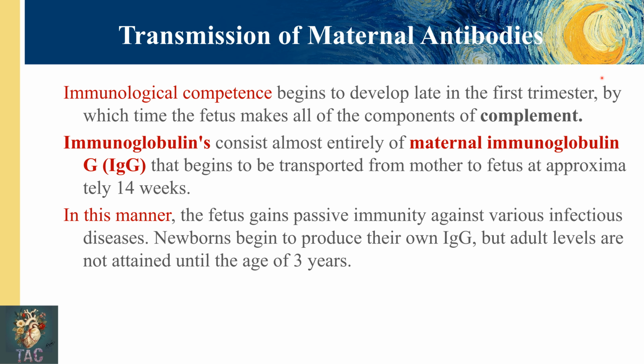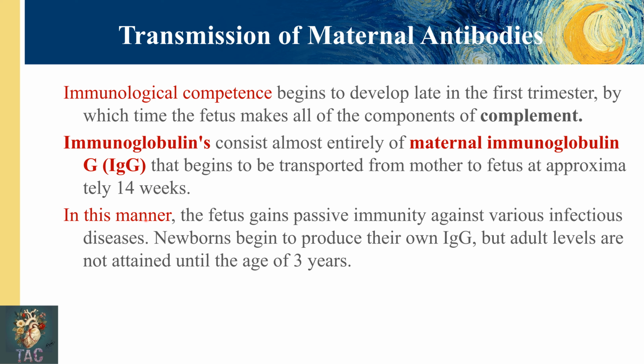Transmission of maternal antibodies is also very important. Immunological competency begins to develop late in the first trimester, by which time the fetus makes all of the components of the complement system. Immunoglobulins consist almost entirely of immunoglobulin G type, which begins to be transported from mother to fetus at approximately 14 weeks.